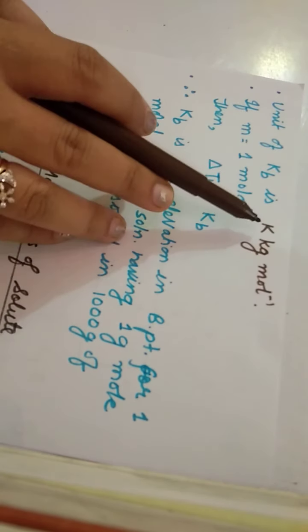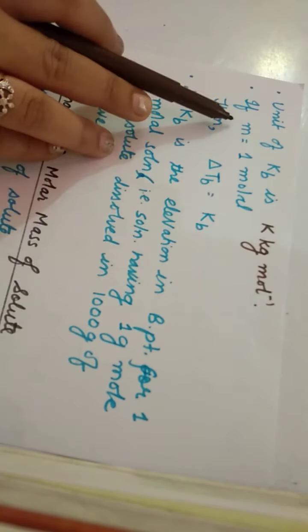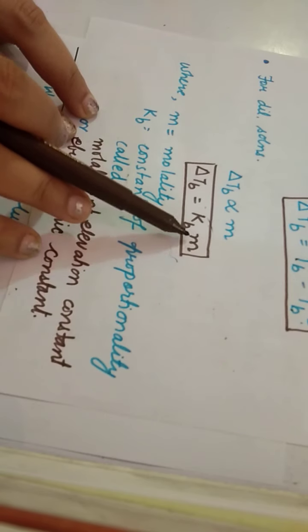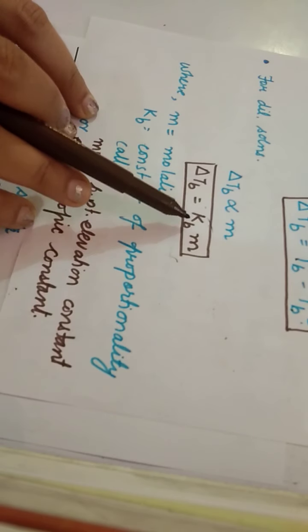The unit of Kb is K kg per mole. If m is equal to 1 molal, that is, if you put 1 instead of m, then delta Tb is equal to Kb. Therefore Kb is the elevation in boiling point for a 1 molal solution.